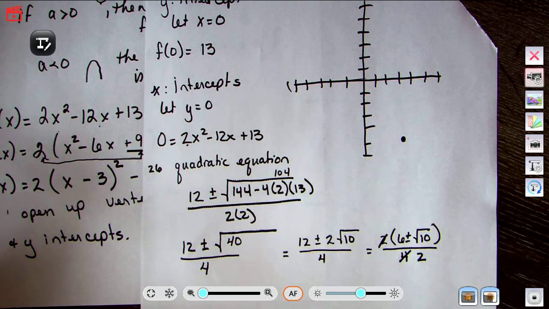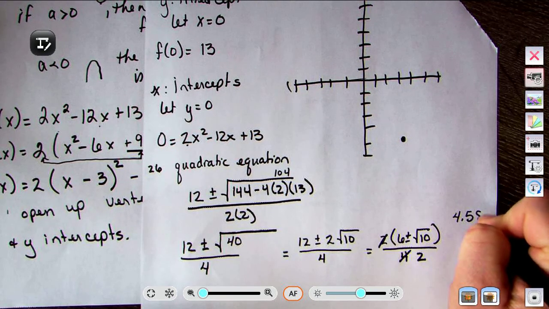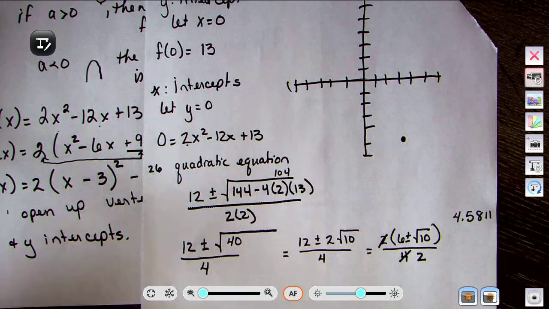So I'm going to be taking 6 plus the square root of 10. I'm going to get that value, so get that first before you divide by 2. And the adding one is like 4.5811, and there's more decimals. Make sure you can do this arithmetic on your calculator.